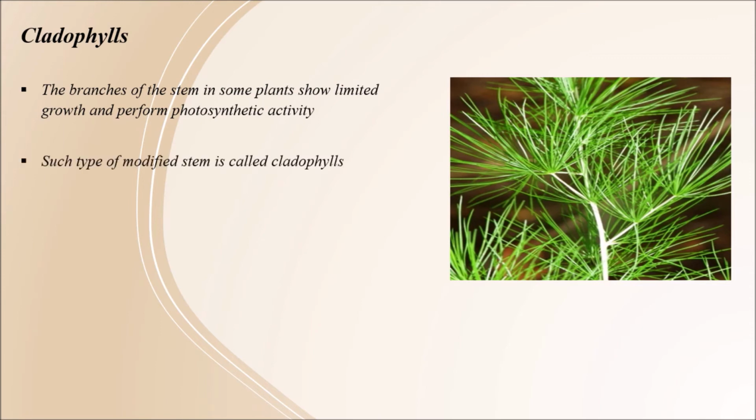This is a modification through which the plant survives its conditions, and such a modified stem is called Cladiophils. So Cladiophils are the branches of the stems which are of limited growth and perform photosynthetic activity. Coming to the example of Cladiophils, we have asparagus, which is the best example.